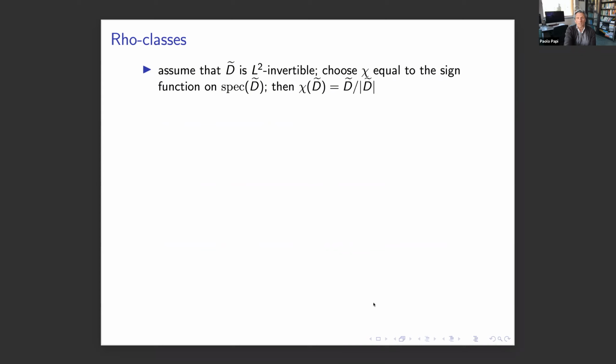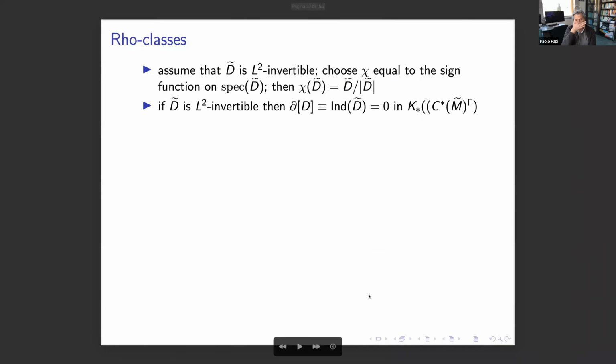This is just a preliminary observation. Now, of course, if D tilde is L2 invertible, then the index class will be equal to 0. The index class measures exactly the obstruction to a perturbation making the operator invertible. So if the operator is invertible, certainly the index class is 0.